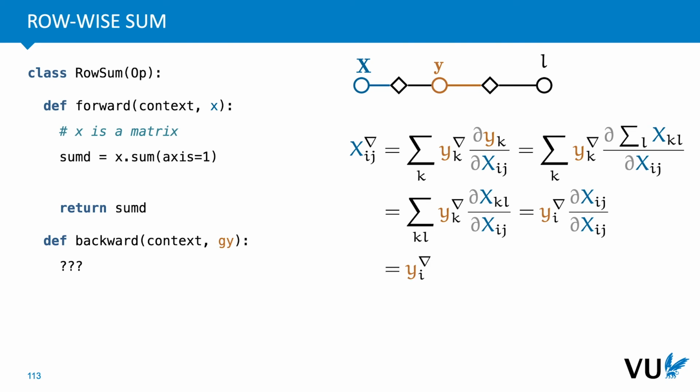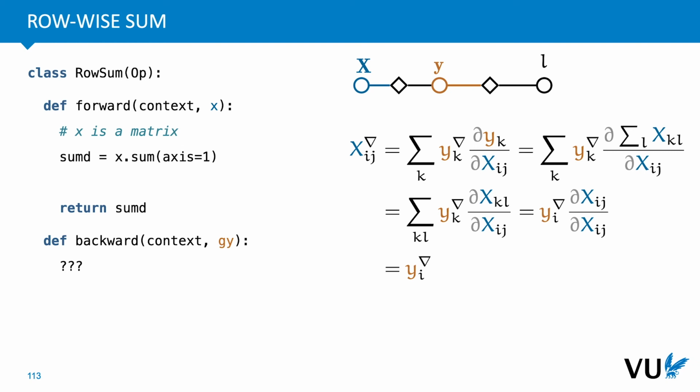Now to vectorize this, note that we are interested in a matrix of derivatives, which is defined in terms of a vector. So we need to look at this a little bit carefully, and what we see is that x nabla is basically a matrix consisting of the vector y nabla as its columns.